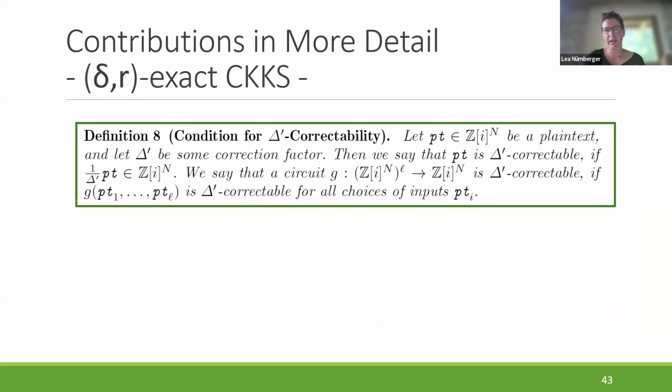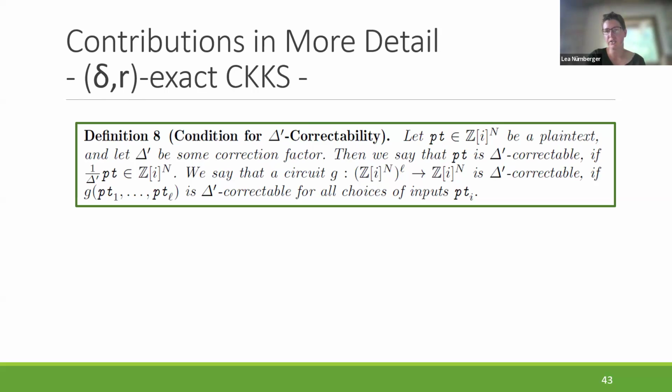The first problem led to us having to introduce this condition for delta correctability, which was already introduced in a paper on the precision loss of approximate homomorphic encryption, which dealt with the same problem. So here again, we need a similar condition of correctability, which essentially says we need to guarantee that if we multiply our message by 1 over delta, we end up on an integer.